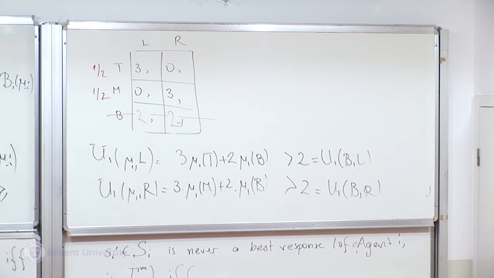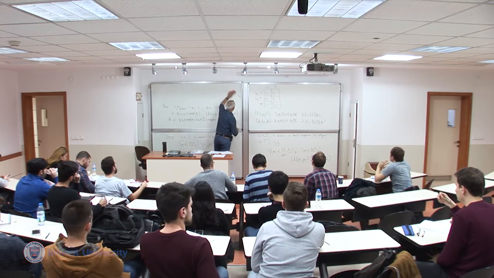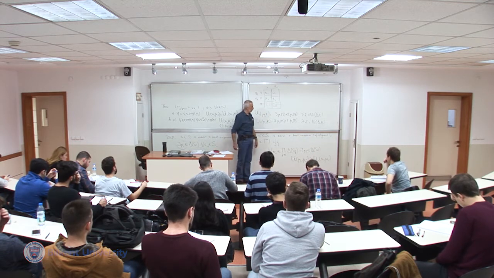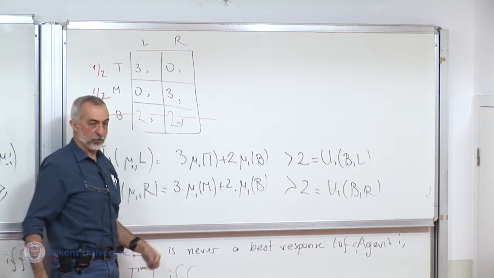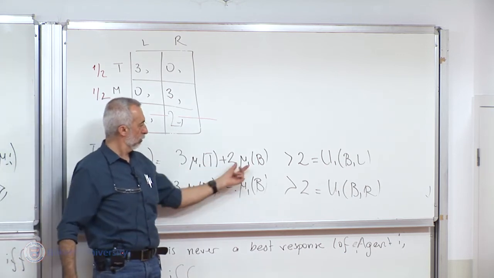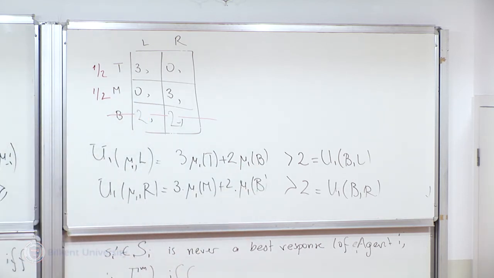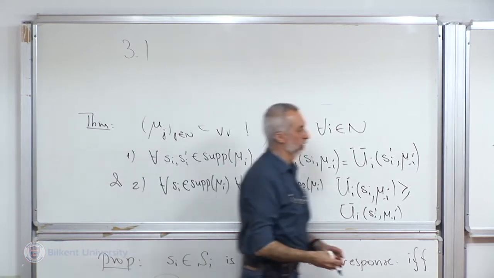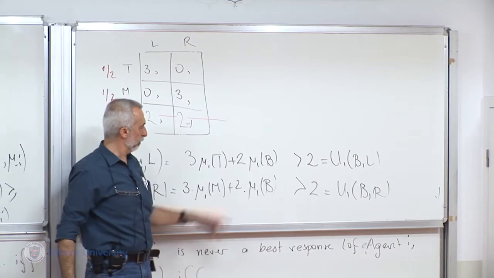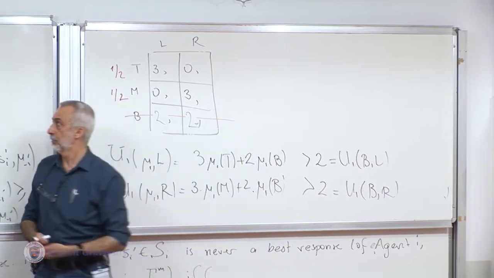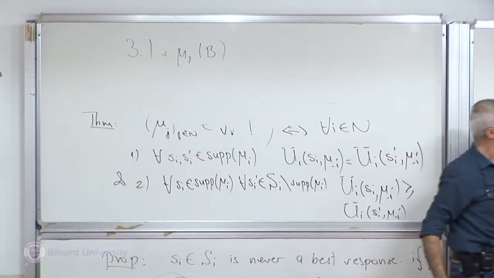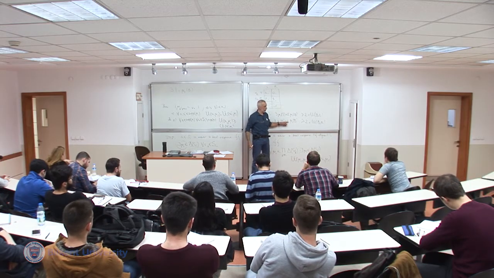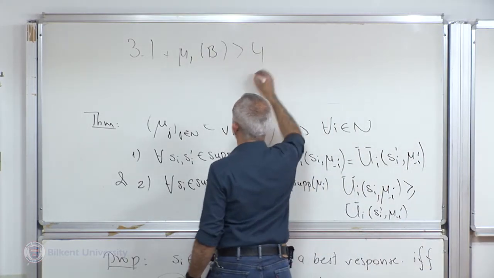Let me erase this part. If these two inequalities hold, add them side by side. What do you get? 3 mu1t plus 3 mu1m plus 4 mu1b, which will be equal to 3 times 1, because mu1t plus mu1m plus mu1b gives you 1, plus mu1b, since we had an extra b from here because there are 4 mu1b's, is greater than 4.